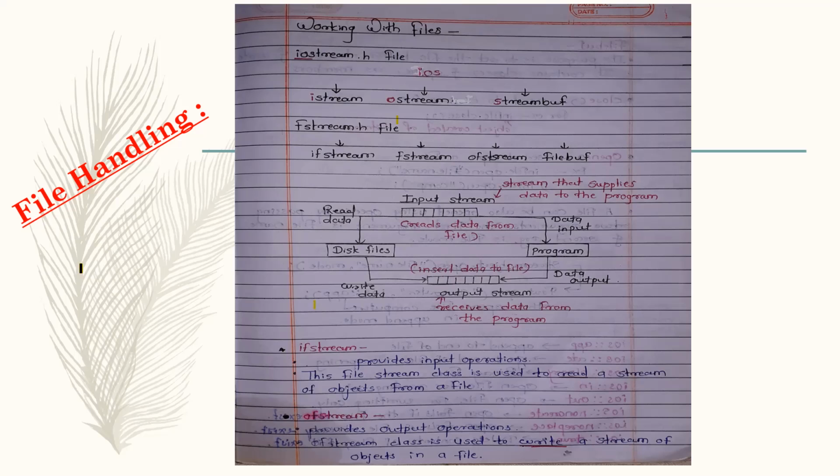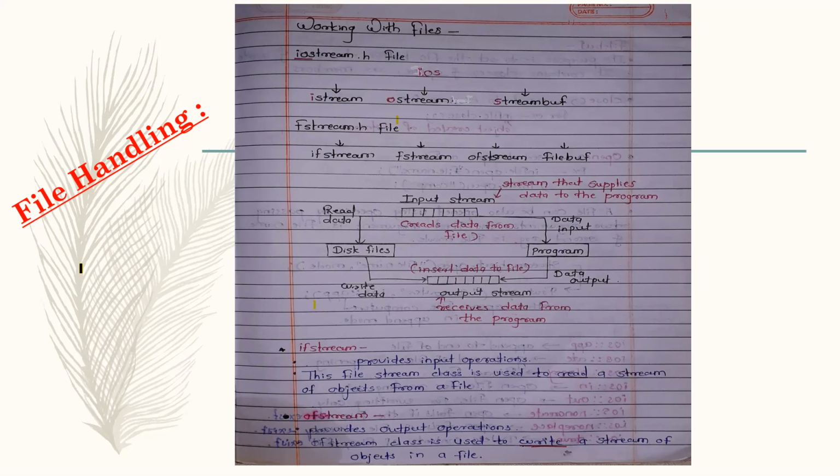Means cin is for input and cout is for output. Now we will see how to read and write from a file.